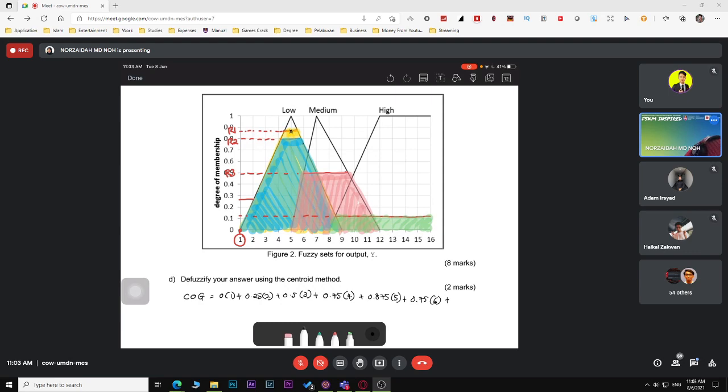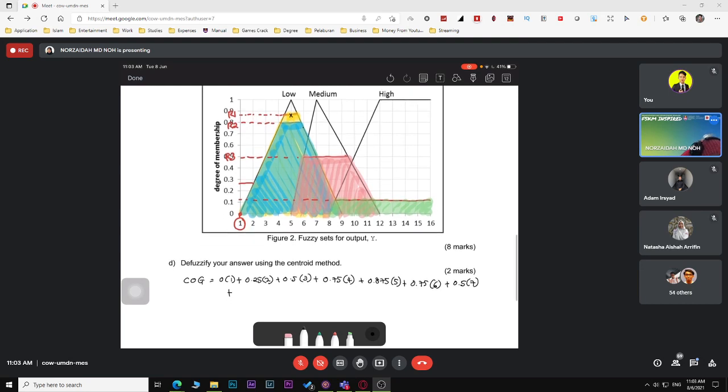Plus untuk 7, go up here, 0.5. Yes, 0.5. Okay plus 0.5 juga untuk 8, yes 0.5 sebab you dah cut kan. 0.5 darab 8, 9, 0.5. Plus 10, 0.4.